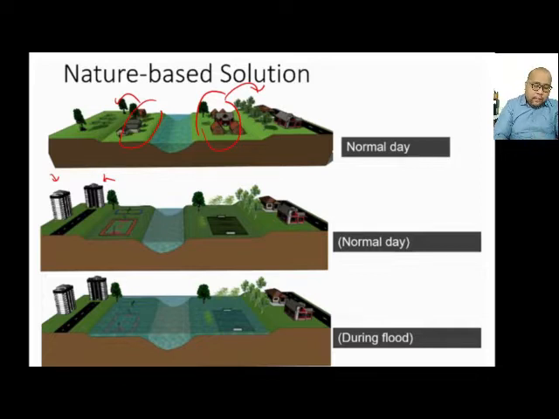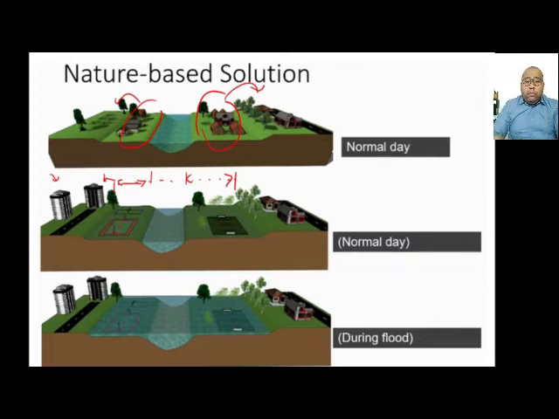Maybe for the floodplain area, like here, the floodplain, we can construct some facilities, for example for recreation. You can make a football field, so that when the flood occurs, only the field area is submerged.